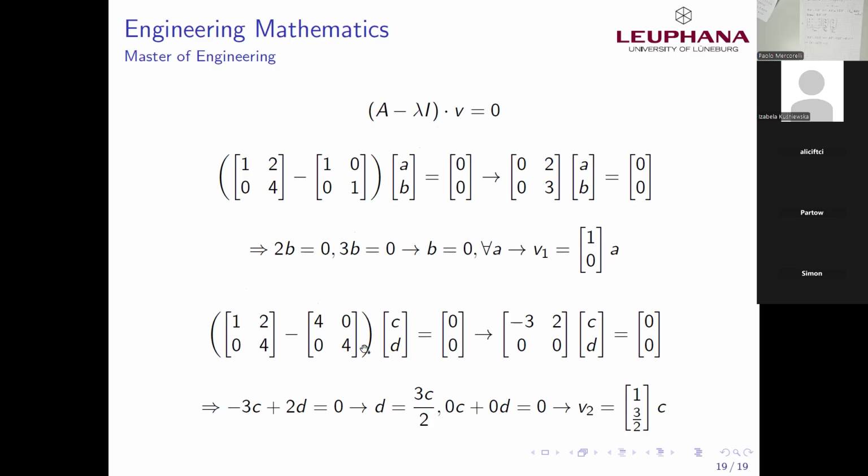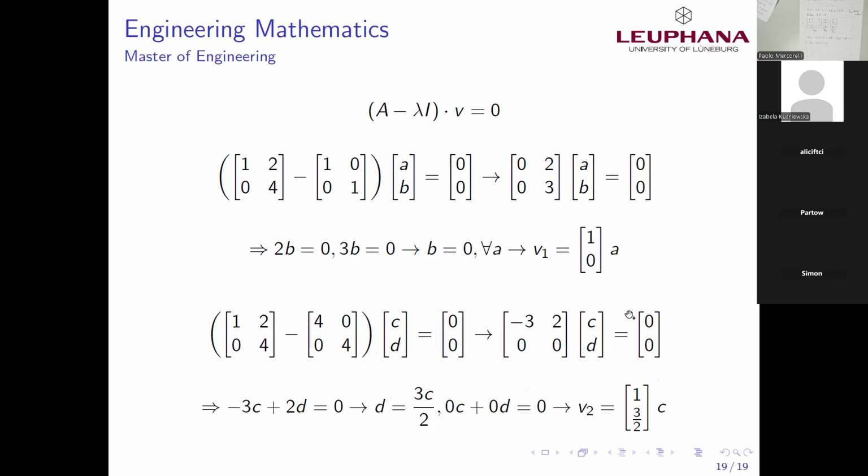I have this, which multiplies the eigenvector V2, which I characterized by two different parameters, C and D. If I do the same calculations as before, I will obtain minus 3, 2, 0, 0. Subtracting this matrix from this one is easy to see.